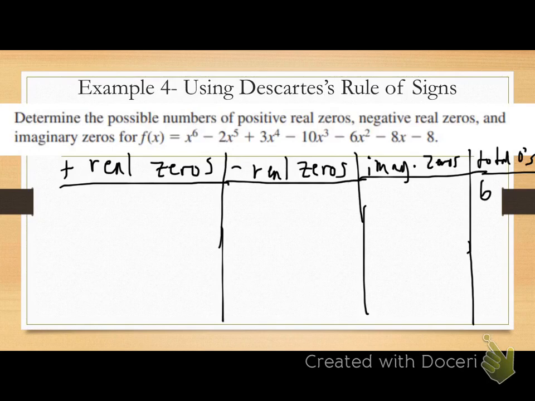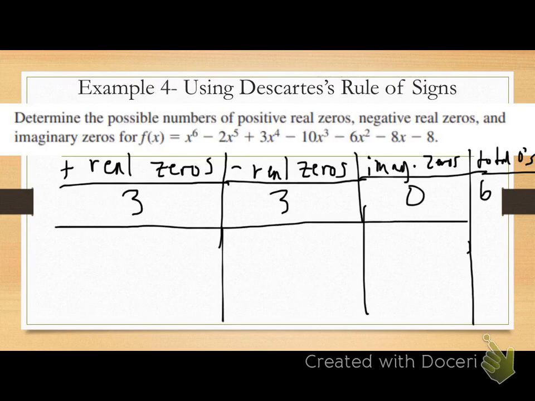Now let's start with us having 3 positive real zeros and 3 negative real zeros, because I had 3 sign changes on my function and 3 sign changes on f of negative x. So if I have 3 positive real zeros, 3 negative real zeros, and I want 6 total zeros, that would mean I would have 0 imaginary zeros for that outcome.